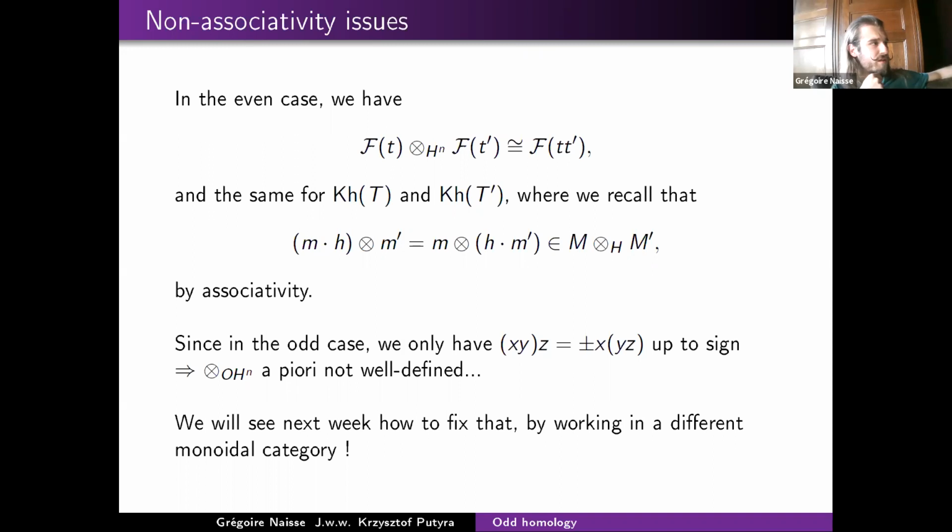Not as far as I know, because we haven't really worked with the generalized arc algebra, actually. So we just work with even endpoints.